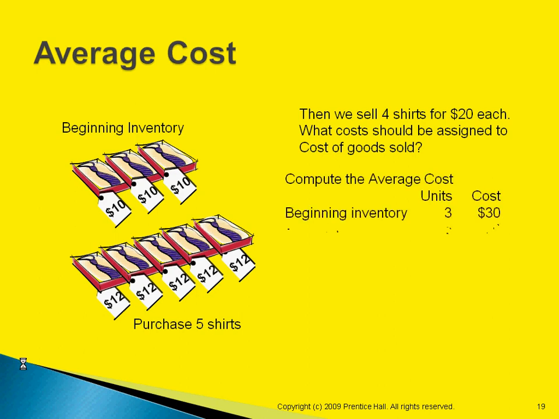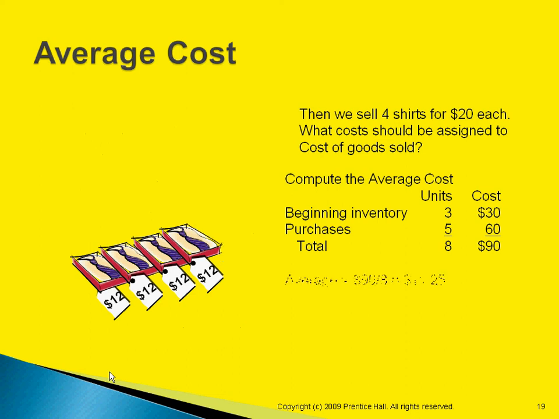Under the average cost, what we'll do is take our $30 beginning inventory, add our $60 of purchases, and come up with $90 total inventory costs. We then divide that by the number of shirts on hand. $90 divided by 8 shirts, we have an average cost per shirt of $11.25.